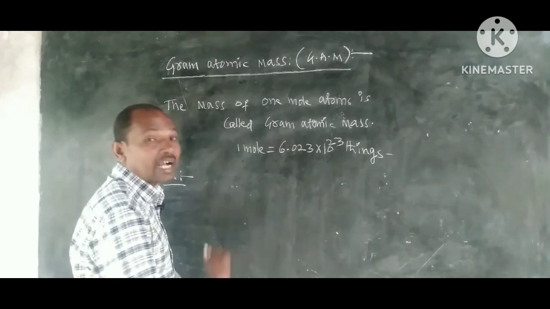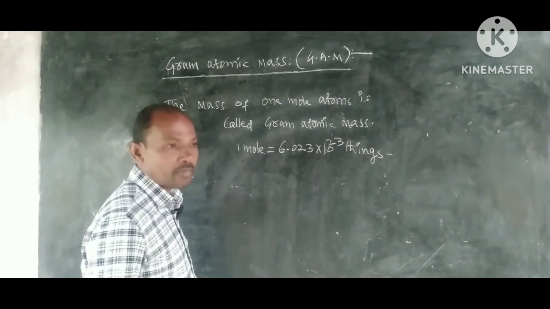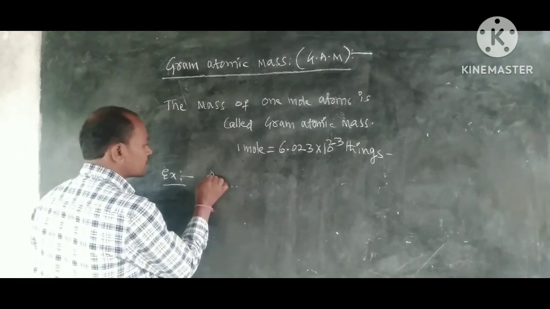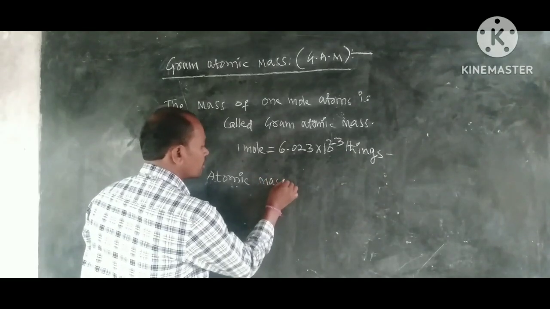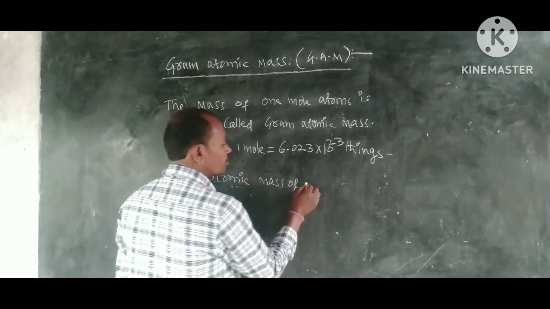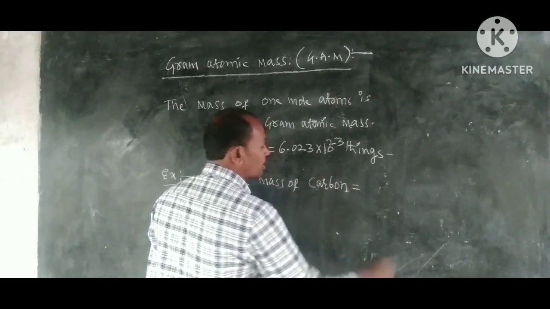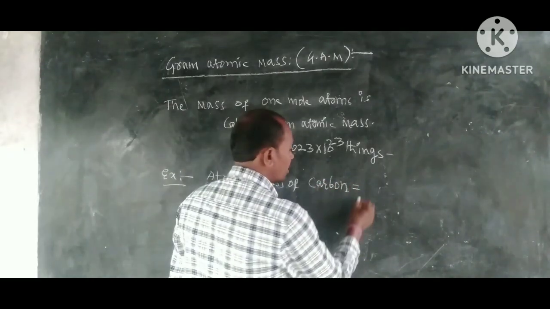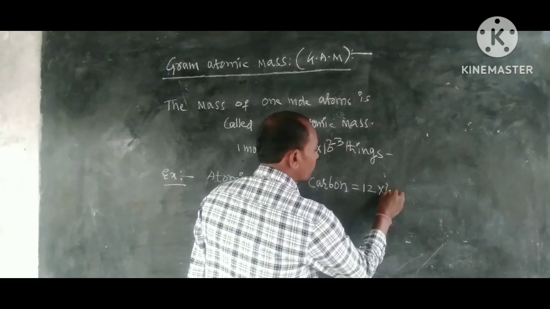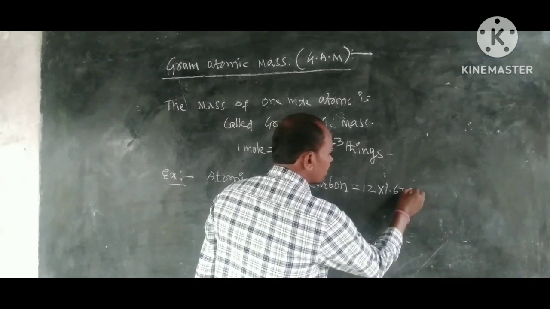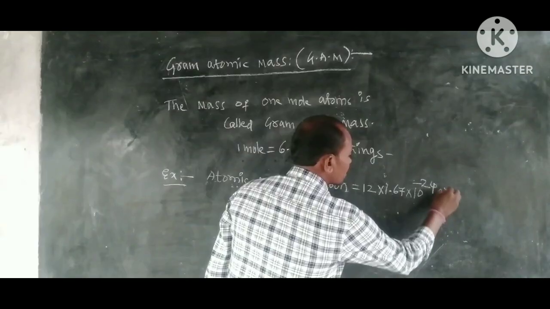For example, atomic mass of carbon. Atomic mass means only one atom's mass. So atomic mass of carbon is equal to 12 into 1.67 into 10 power minus 24 in grams.